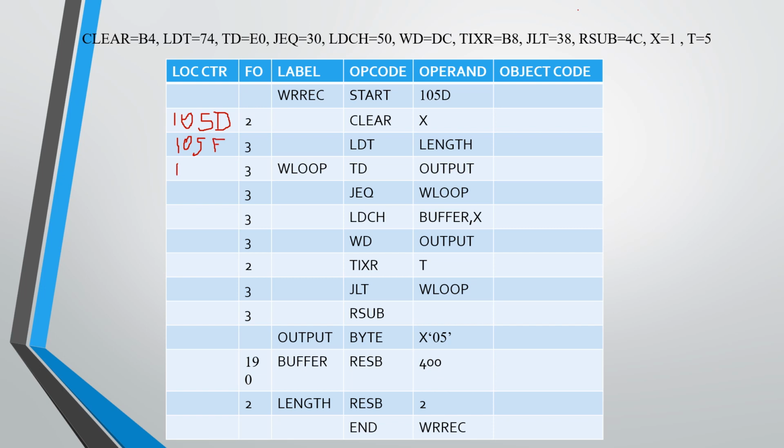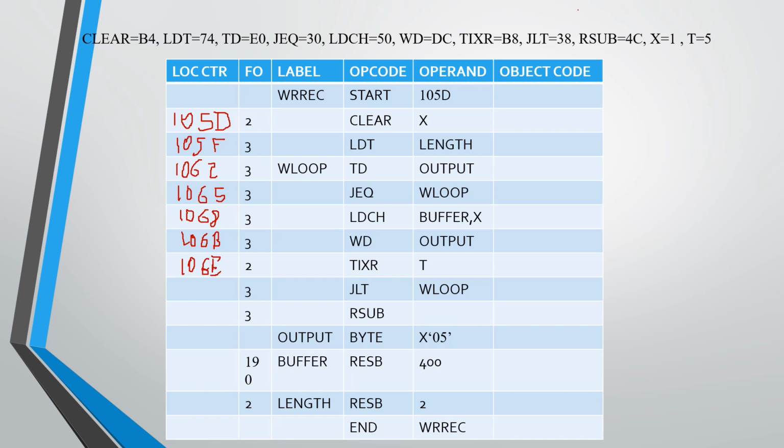And again by adding 3 we'll get 1062, and 1065, and 1068, and 106B, and 106E.